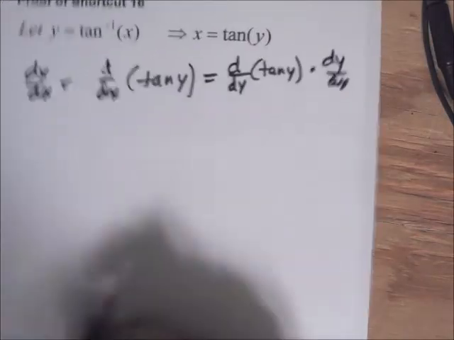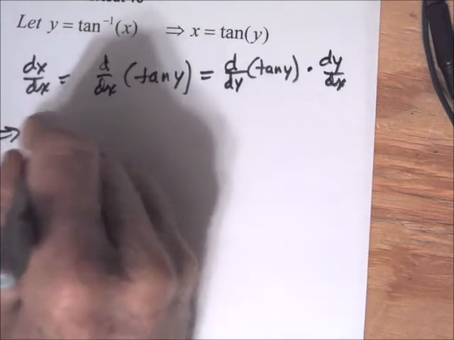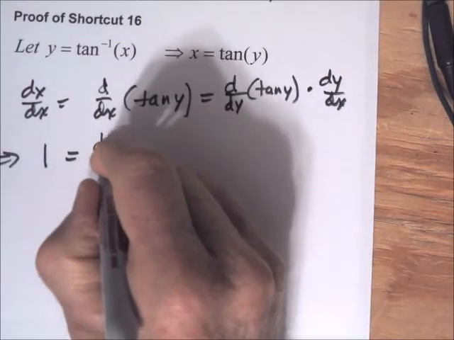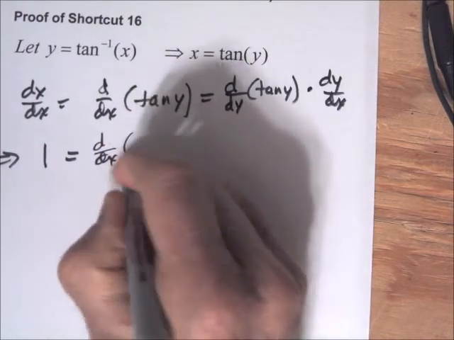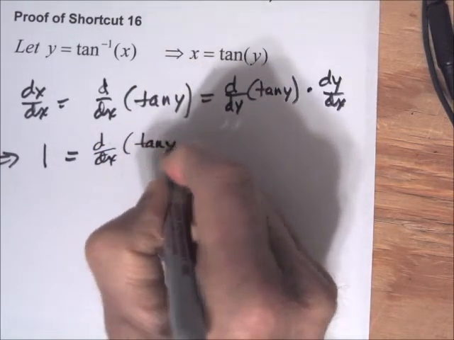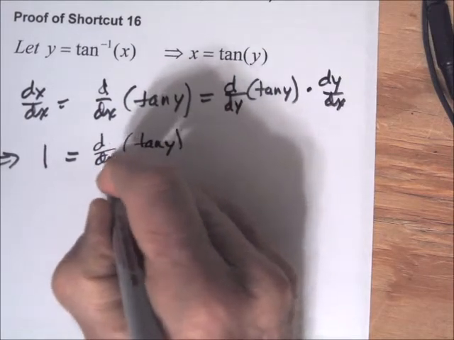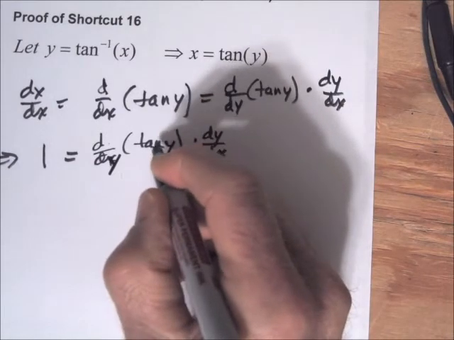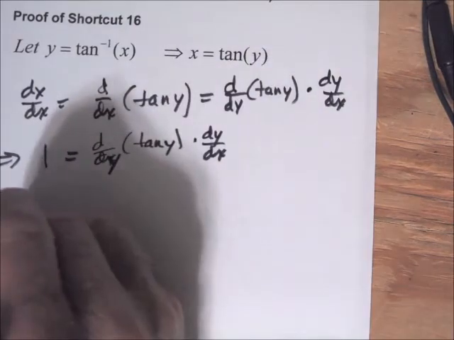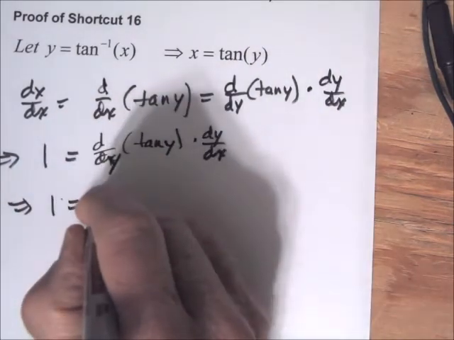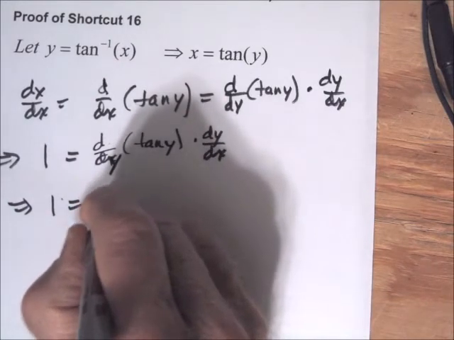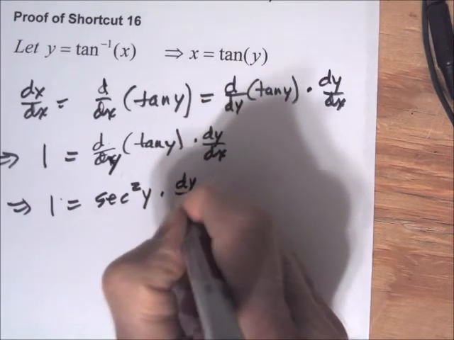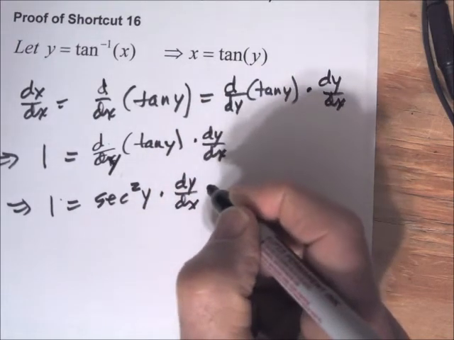So dx/dx is 1, so that means we have 1 is equal to the derivative with respect to y of tangent y, times dy/dx. The derivative of tangent y with respect to y is secant squared, so 1 is equal to secant squared y times dy/dx.